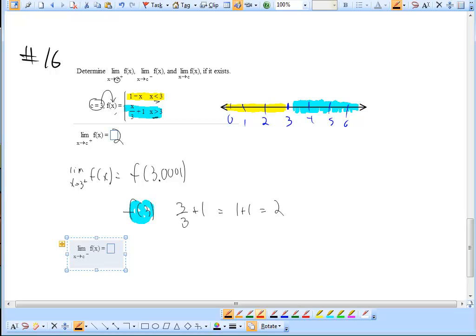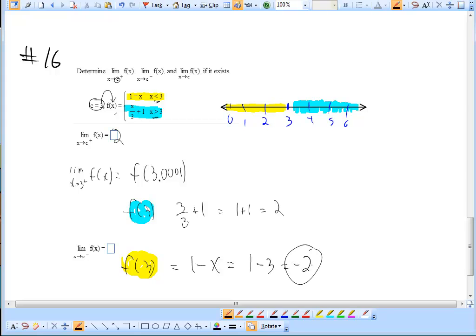I'm following a different rule here, because when x is less than 3, they say follow this rule. I'm still just going to substitute in f of 3, but this time it's the yellow f of 3, which is equal to 1 minus x. I'm going to put in 3, so it's 1 minus 3, which is negative 2.